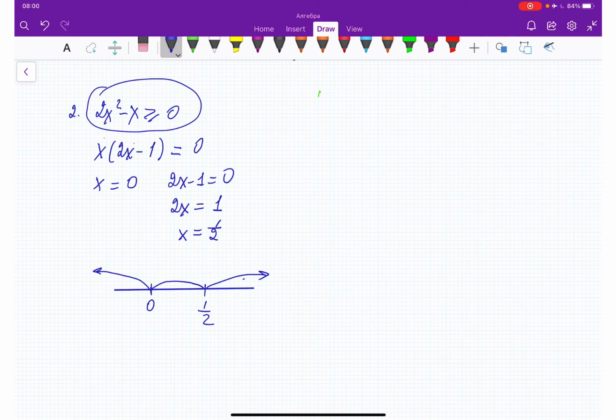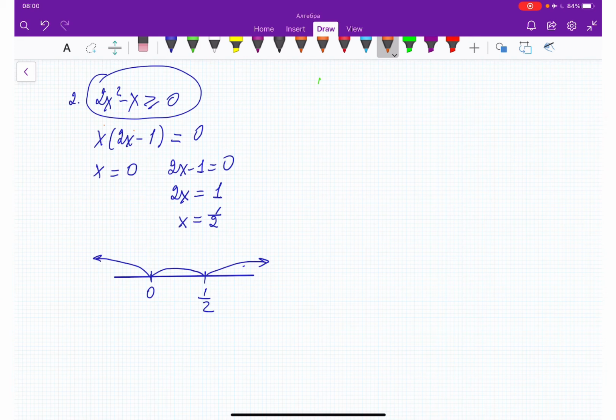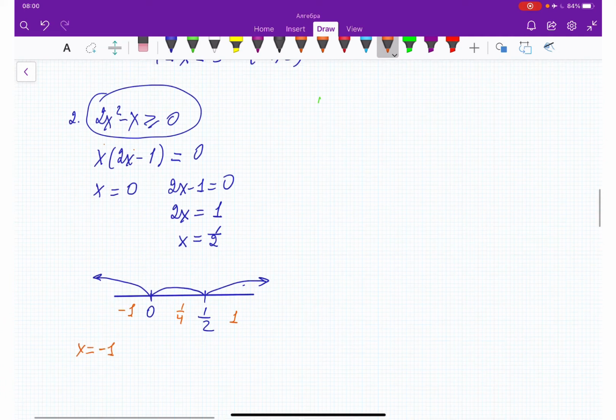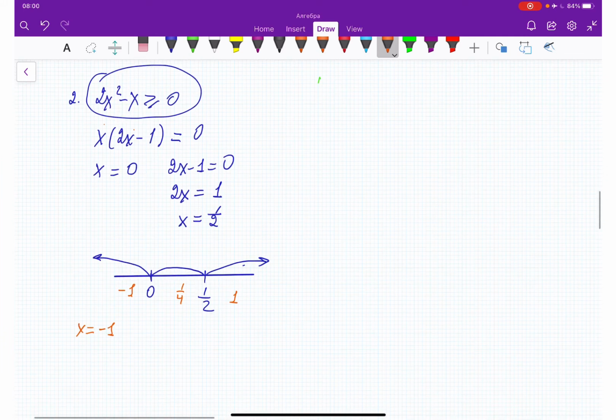Okay, less than 0, let's take negative 1. Here we take 1/4, here we take 1. Okay, x is equal negative 1. So negative 1 is less than 0, right?